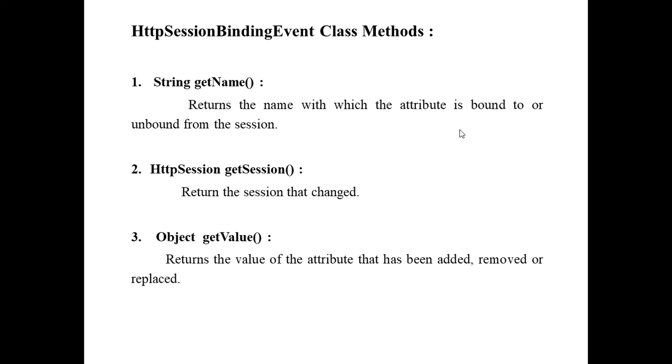This method returns the value of the attribute that has been added, removed or replaced. So this function returns the value of the bound or unbound attribute, like a particular attribute that has been added, removed or replaced. These three are the methods of the HttpSessionBindingEvent class.